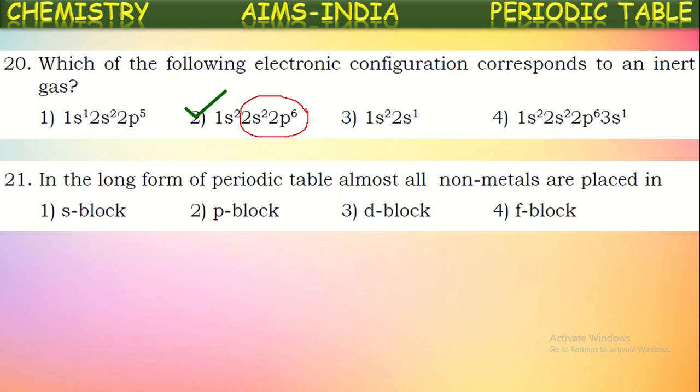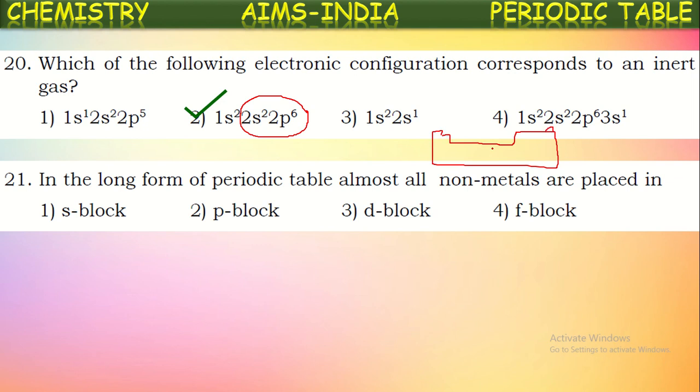In the long form of the periodic table, almost all nonmetals are placed in. We know in the long form of the periodic table, the generalized structure is like this.